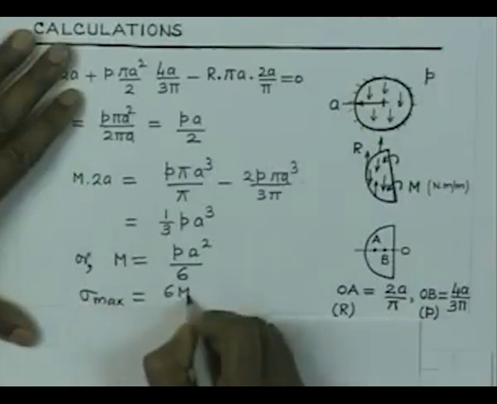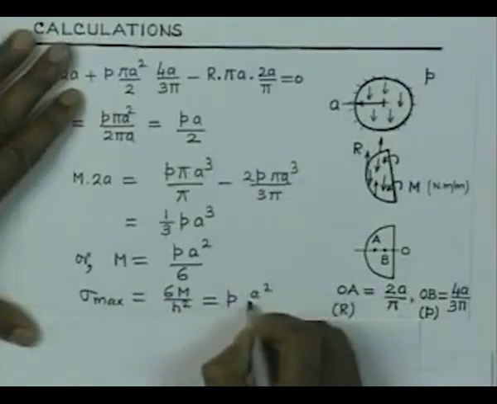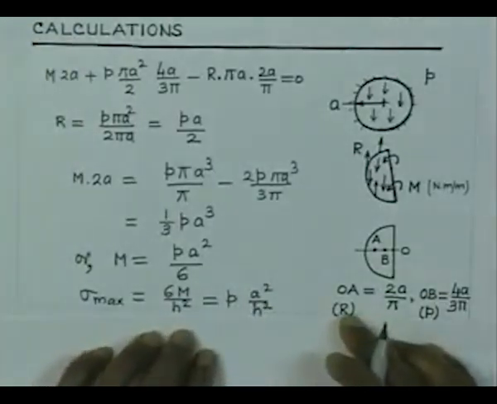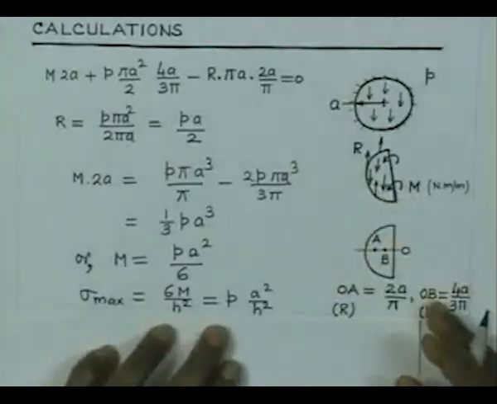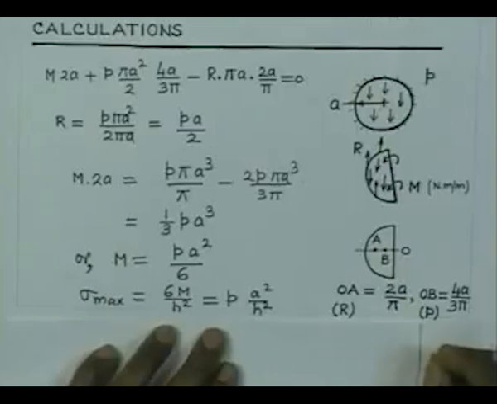6m by h square, and this is nothing but P a square by h square. If you remember, the stress for the simply supported plate of this type was nothing but 3 by 8 into 3 plus nu into P a square by h square.